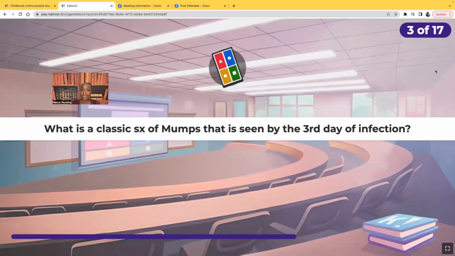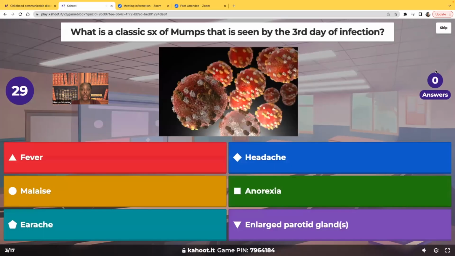What is a classic symptom of mumps that is seen by the 3rd day of infection? Is it fever, headache, malaise, anorexia, earache, or enlarged parotid glands?